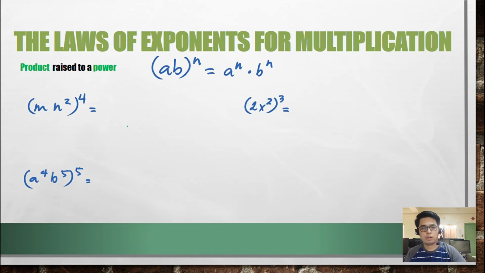Okay, so according to the law, distribute lang yung 4 sa loob at sa mga variables. Okay, so m will be raised to 4, times, hindi times, n to the 2 times 4. Pwede nyo nang i-skip yung ganitong step, pwede naman isulat na yung direct multiplication. So, m to the 4th, n to the 8th power. Okay?